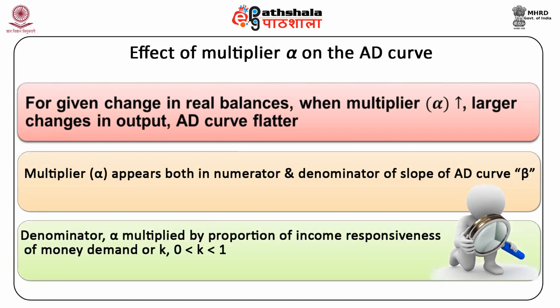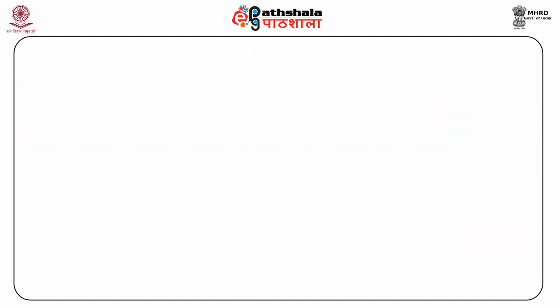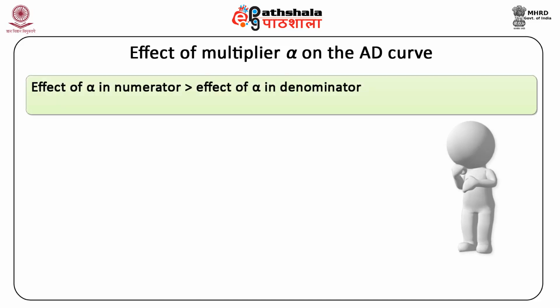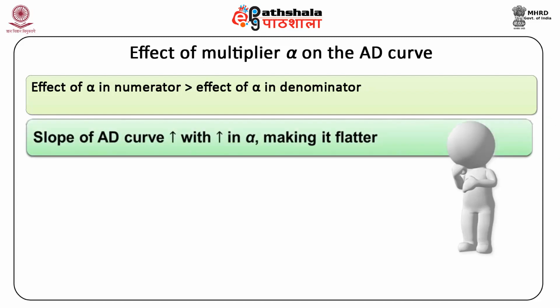However, in the denominator, alpha is multiplied by the proportion of income responsiveness of money demand, or K, where 0 is less than K is less than 1. This implies that the effect of alpha in the numerator is greater than the effect of alpha in the denominator. Thus, the slope of the aggregate demand curve will increase with the increase in alpha, making it flatter.